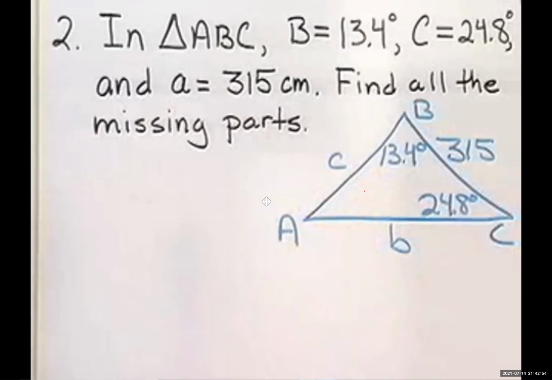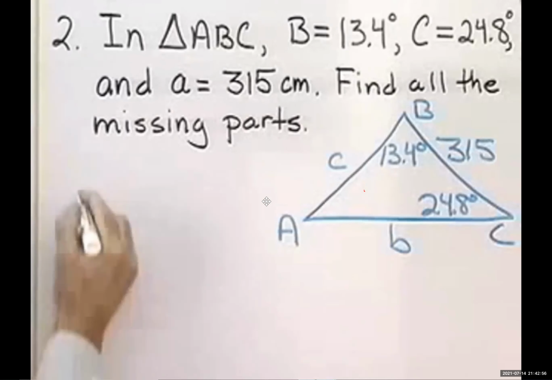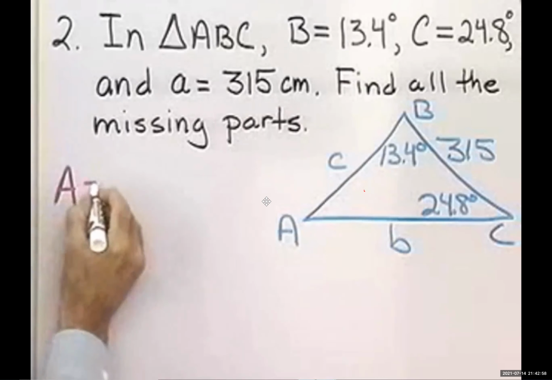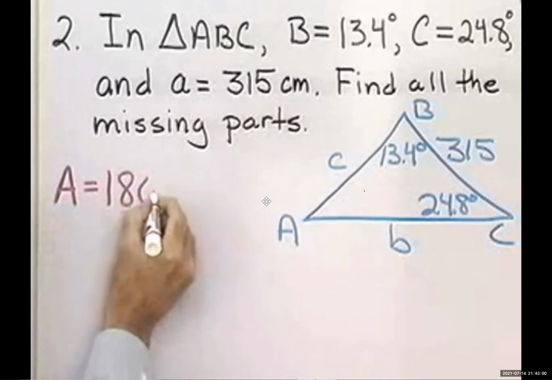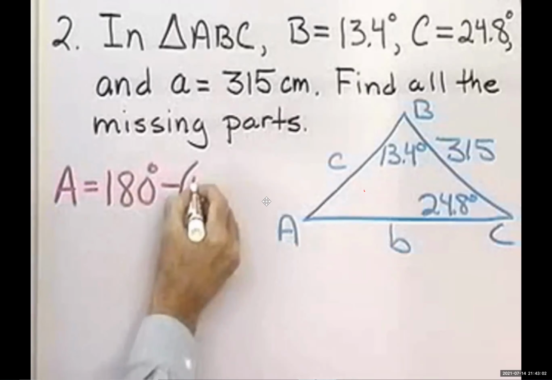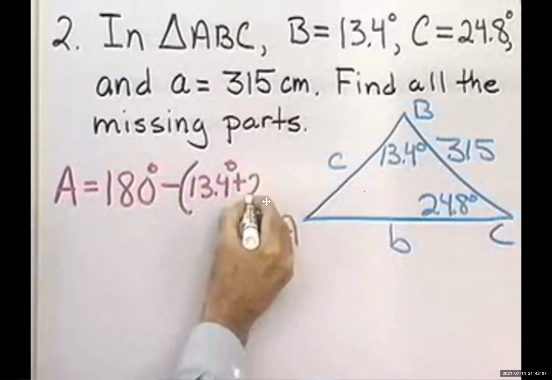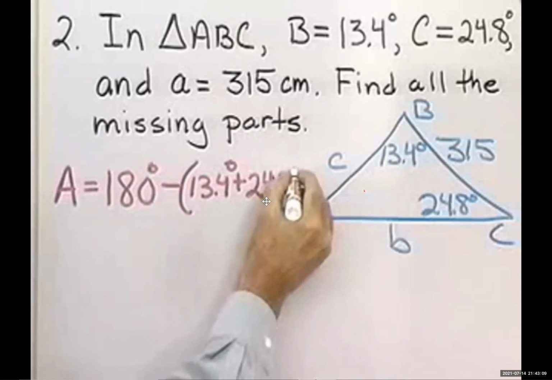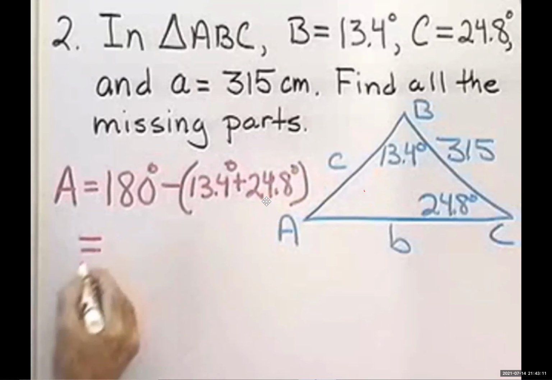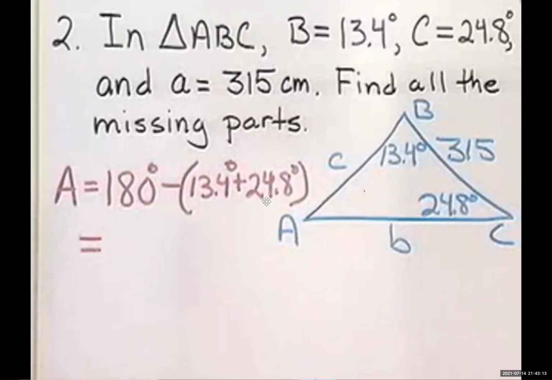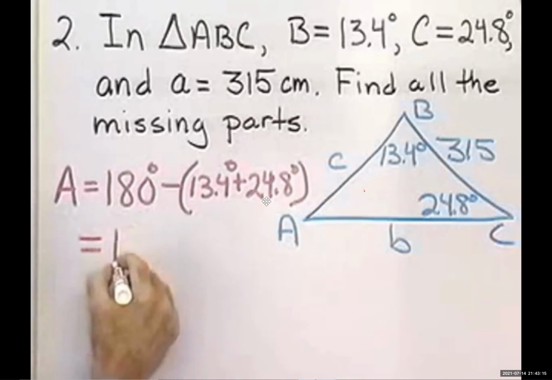So I'm going to start by finding angle A. So angle A will be 180 degrees, subtract 13.4 degrees plus 24.8 degrees. Do that on my calculator, and angle A comes out to be 141.8 degrees.